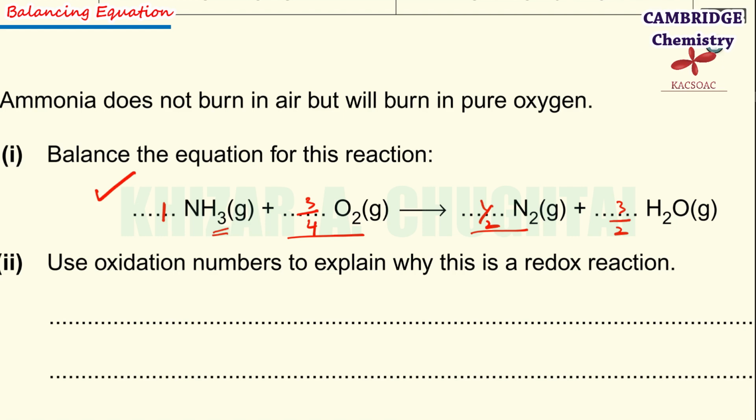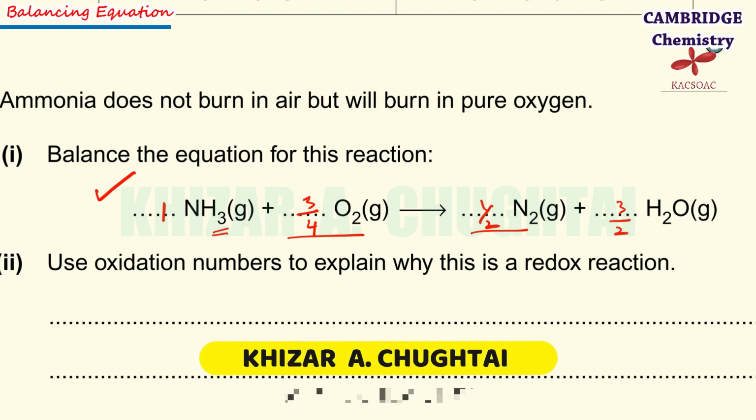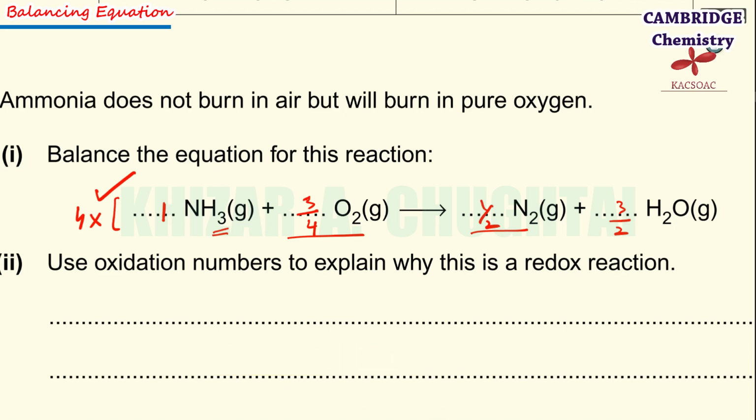balanced equation. Now to remove the 4 in denominator, we can multiply this whole equation with 4. So when we multiply with 4, then 4 and there will be cancellation. There's 3 mole of O2, 4 into half, that is equal to 2, 4 into 3 by 2, that is equal to 6.